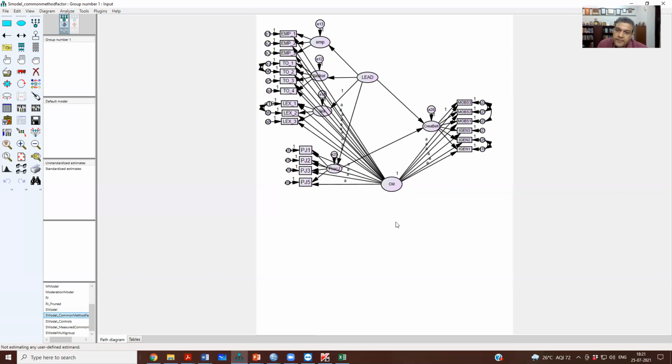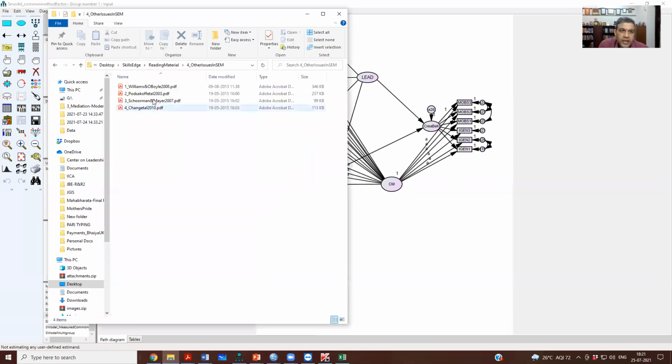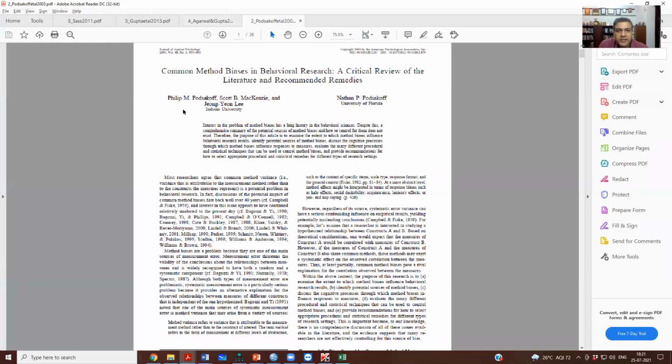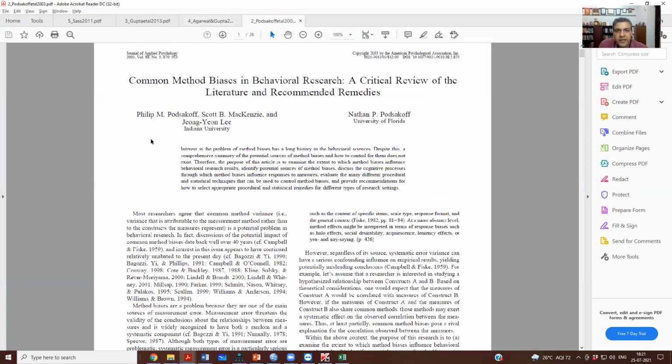So do we have to provide any theoretical justification for collecting that data? Yeah, so you should, and if you go to the other issues, I have given you two very good papers. This is the very, very popular paper, Common Method Biases in Behavioral Research.